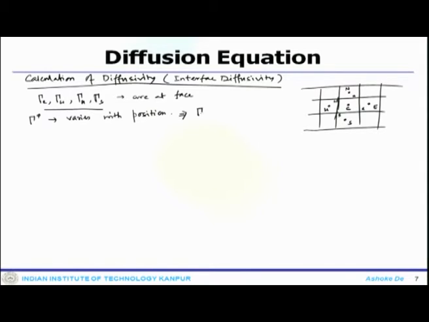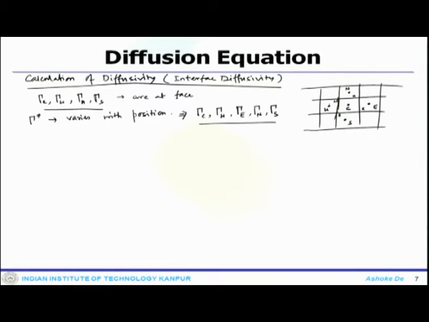So you can have gamma C, gamma W, gamma E, gamma N, gamma S. At the elemental level, along its centroid, you will have different values.